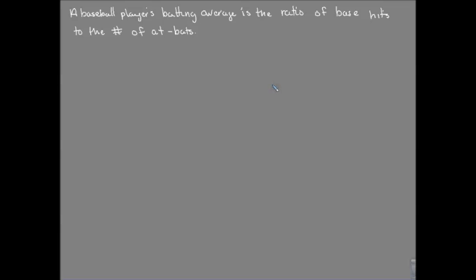It's the ratio of the number of hits to the number of at-bats. It does not include walks. So if somebody had 521 at-bats and they had 181 hits, we can find their batting average.